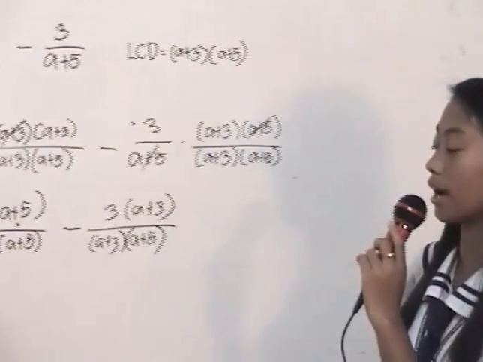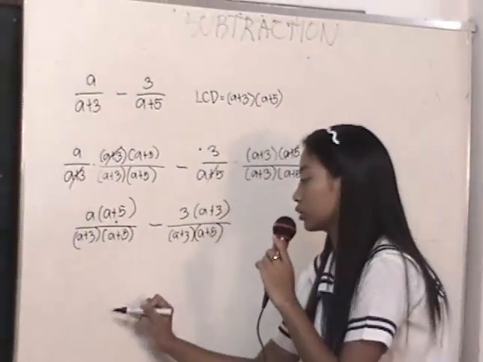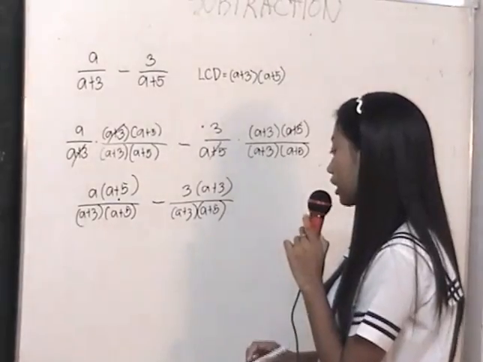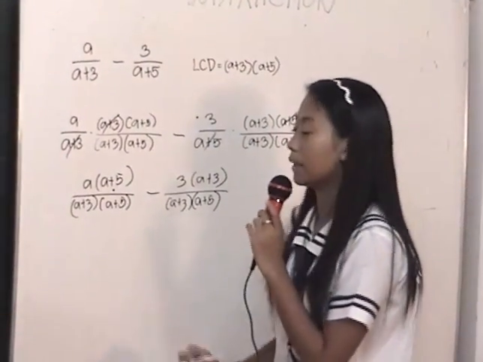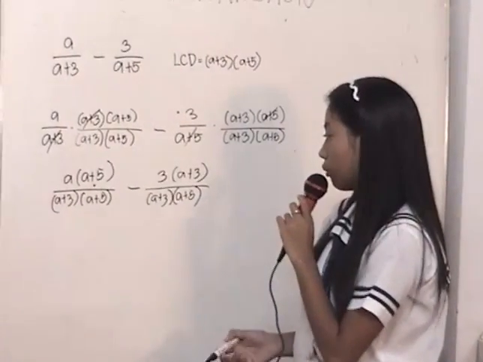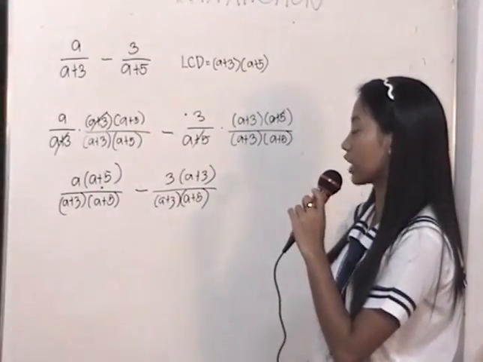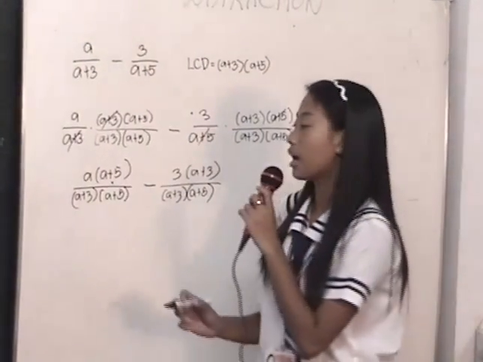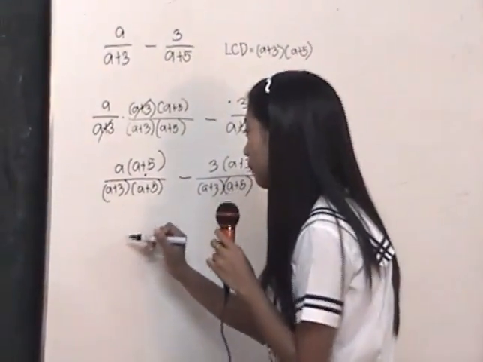You notice that we have the same denominator, so we just copy the denominator and subtract the numerators. But in the subtraction process, we need to change the sign of the subtrahend and proceed to addition.